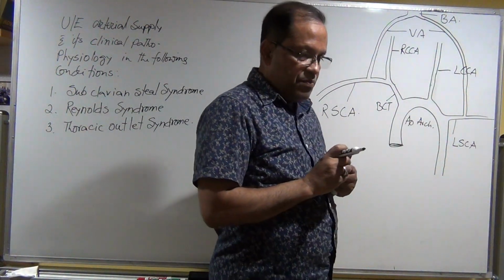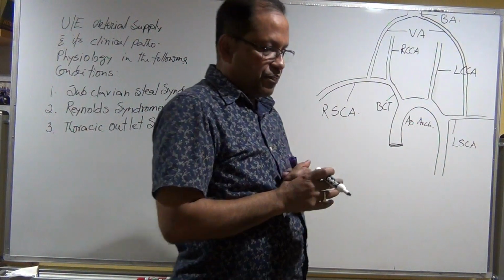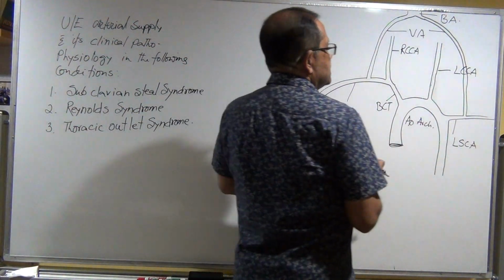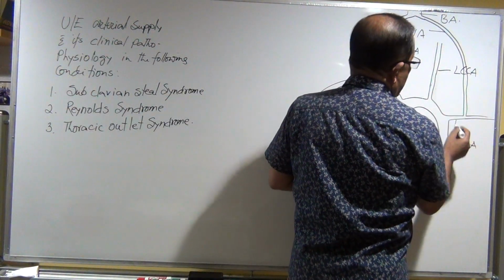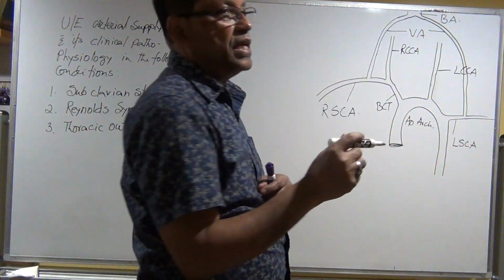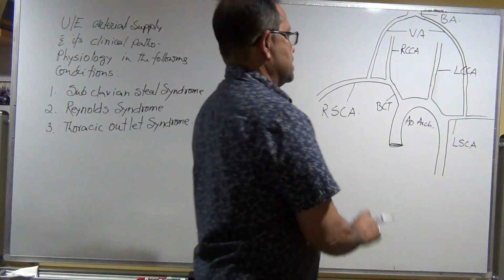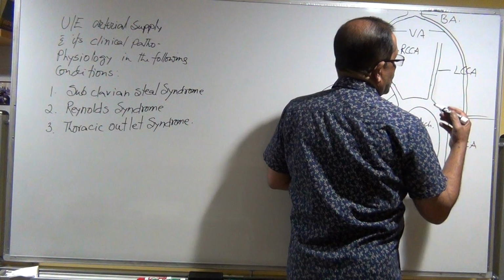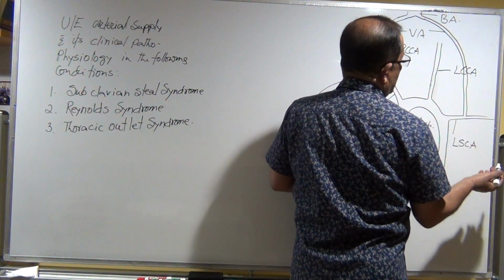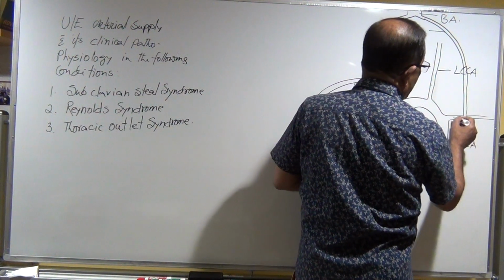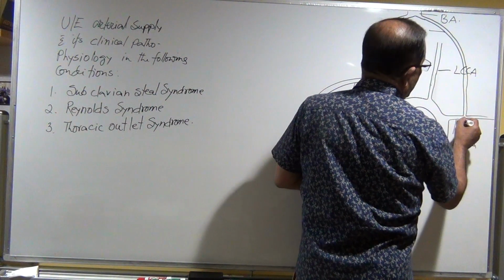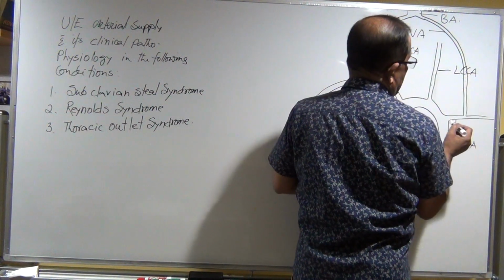Most of the time in this condition there is obstruction or occlusion, either partial or complete, or congenital, of the subclavian artery proximal to the vertebral artery.